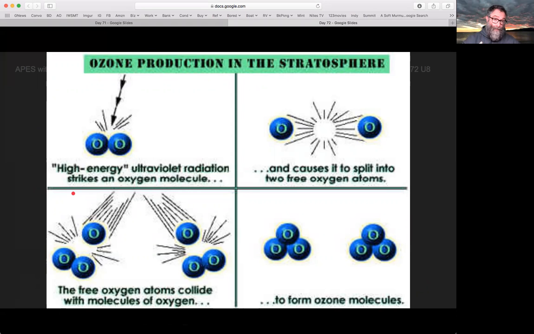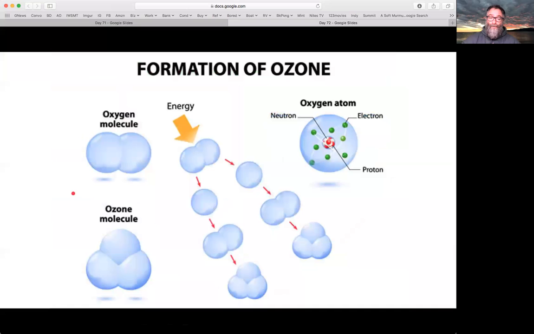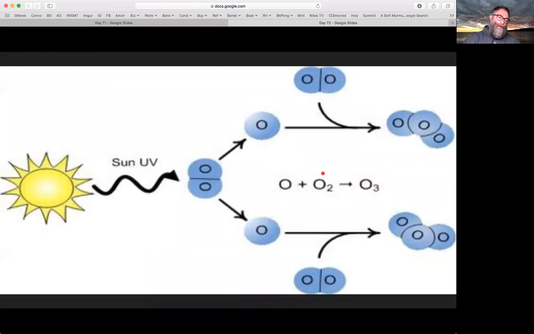They're not going to be free for long. They're desperate. So they collide with other oxygen around and they make ozone. If you want, there's your pattern of electrons. And if you want, here's another way to write the reaction.